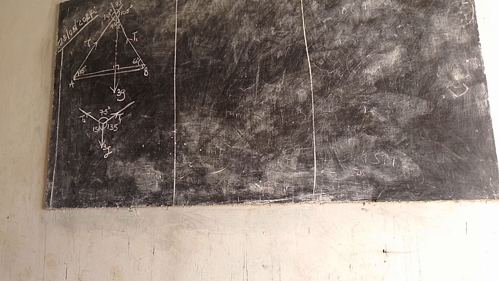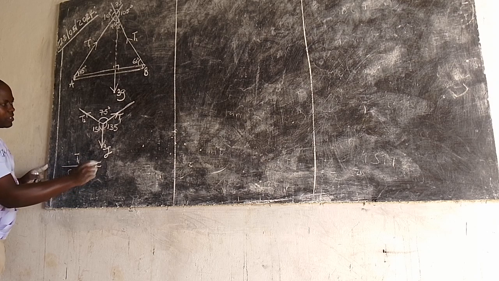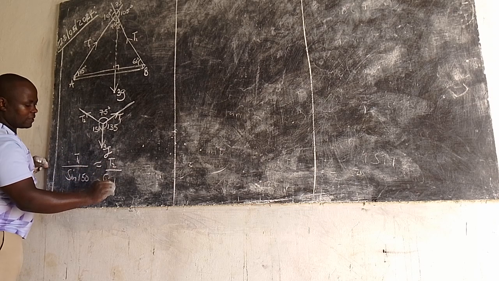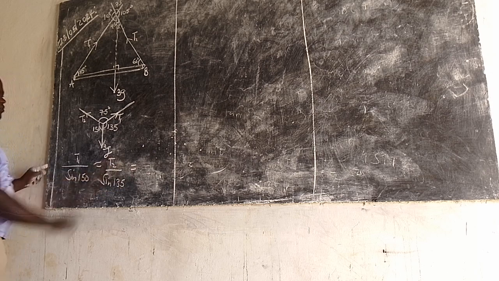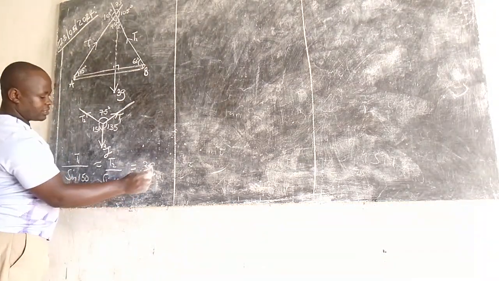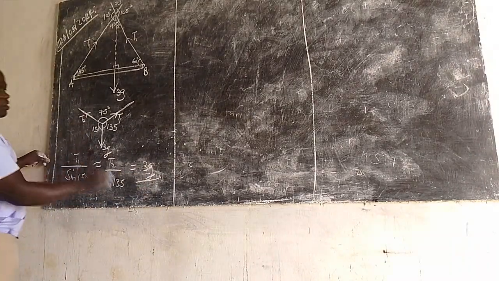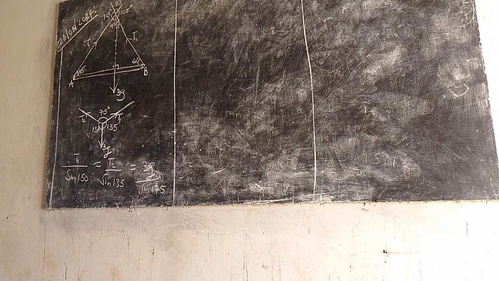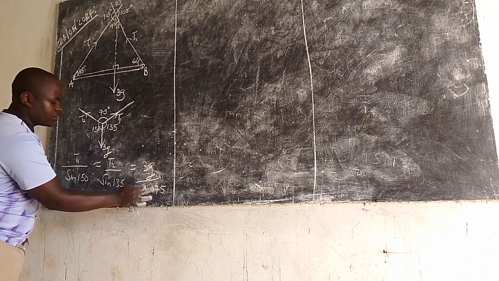You told me you are very smart when it comes to Lami's theorem. So this is T1 over the sine of the angle opposite, sine 150. This is equal to T2 over sine 135. This is basically 3G over sine 75.